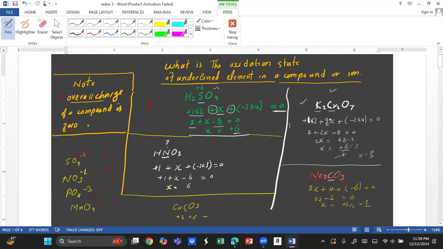And X for 1 chromium, plus oxygen is minus 2 into, sorry, there are 7 oxygens here. Minus 2 into 7 will be minus 14.